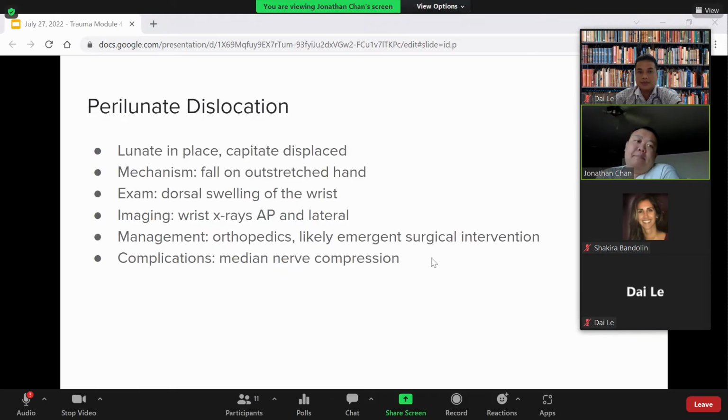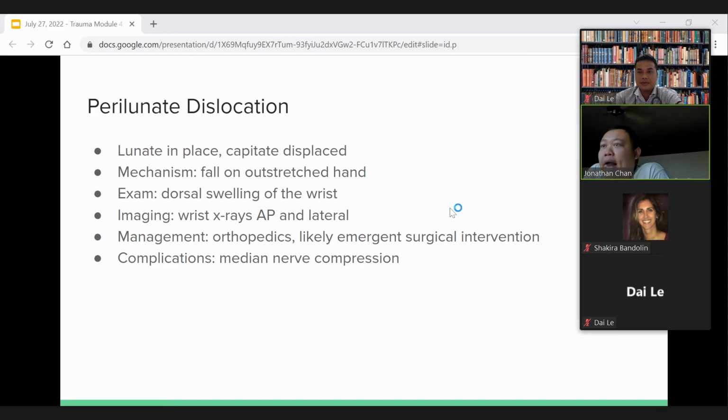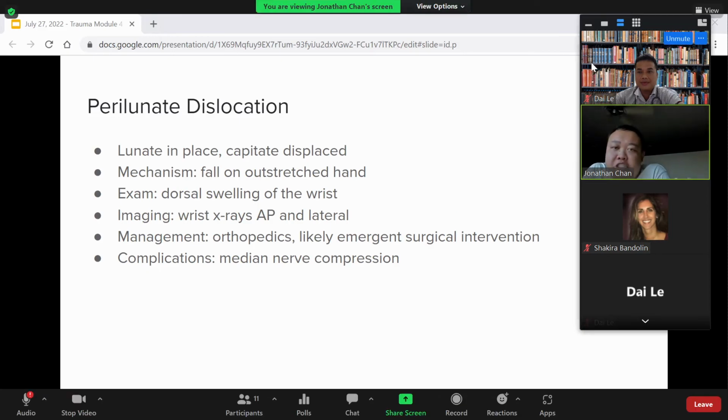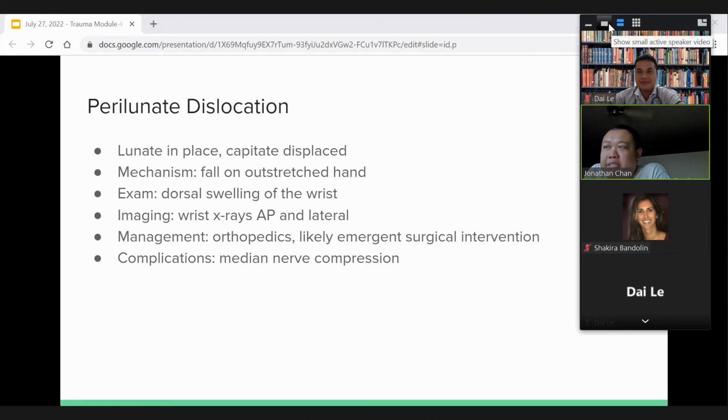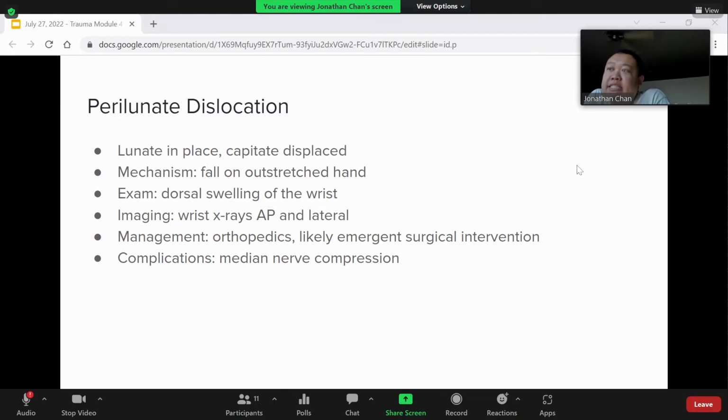The next one, the perilunate and lunate dislocation, are also very commonly missed and can lead to a lot of complications. In a perilunate dislocation, the lunate bone is in place, but the capitate is displaced. The mechanism is the same: a fall on an outstretched hand.